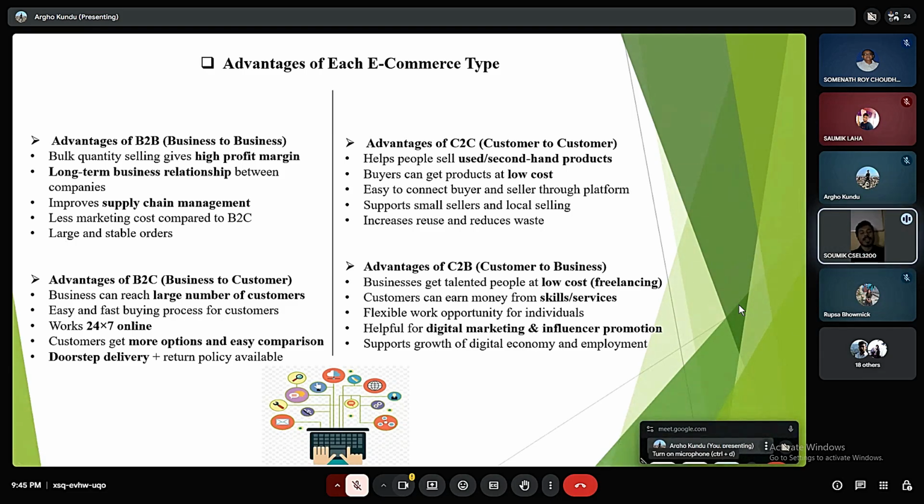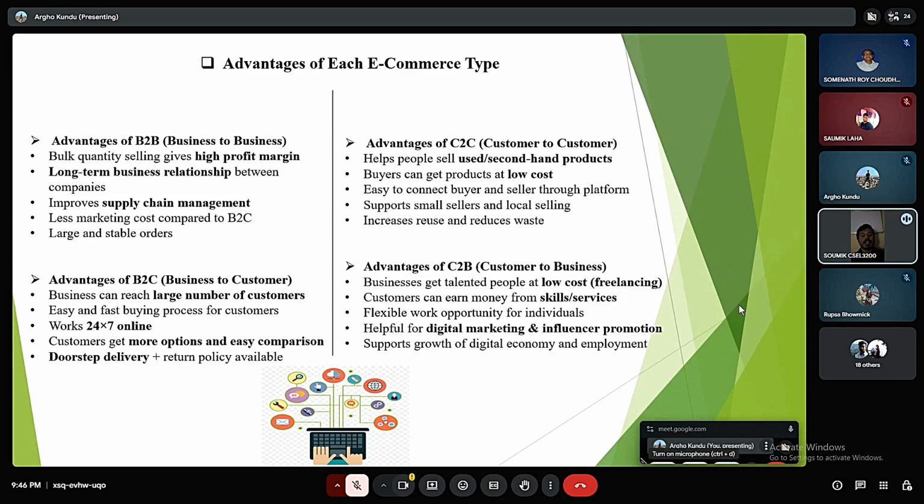Myself, Shomik Modok. This slide talks about the advantages of e-commerce types. First, B2B. Bulk selling gives high profit, builds long-term relationships, improves supply chain, needs less marketing, and ensures stable orders. B2C reaches many customers, offers fast and easy buying, works 24/7, provides more choice, and supports home delivery with returns.